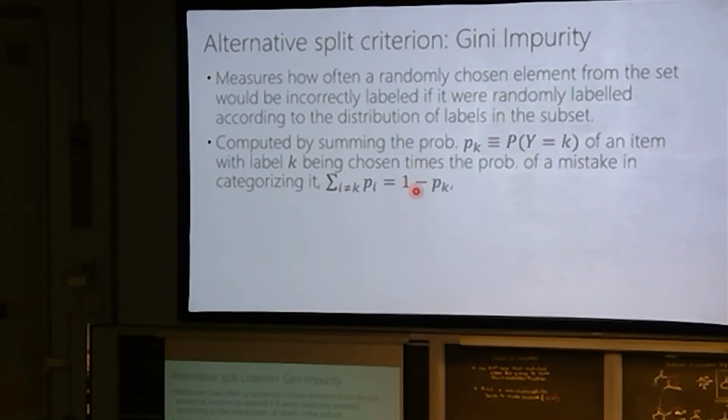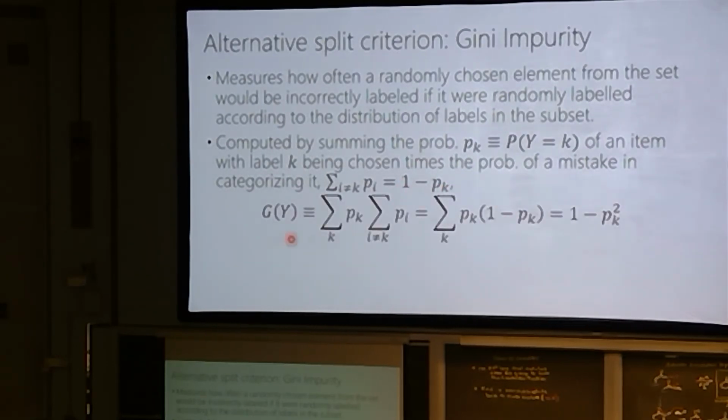And so you can just write that as 1 minus P sub K. And if you push this around now, and sum over all K, I end up with a Gini impurity measure, which is just 1 minus the sum of P_K squared.